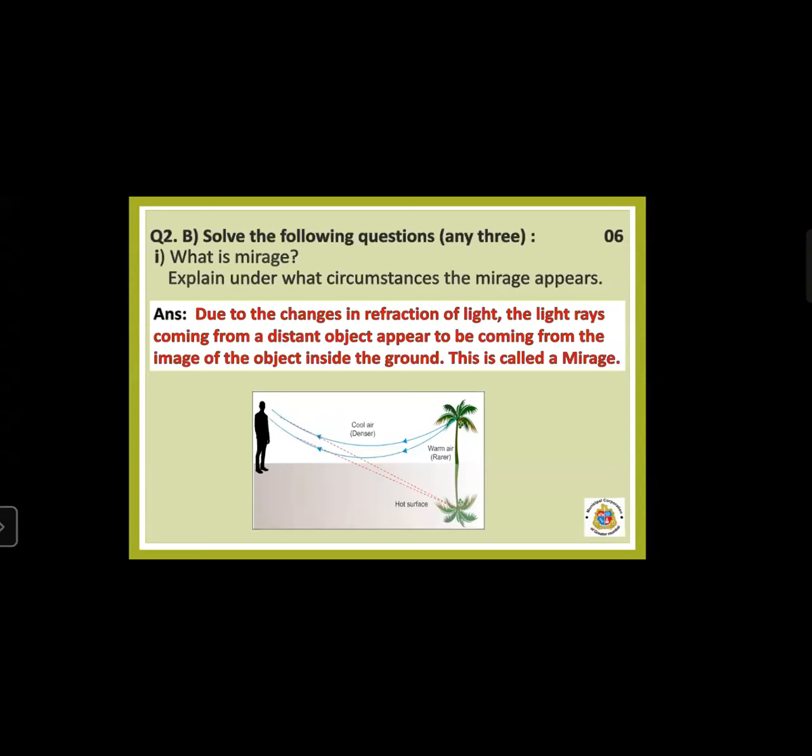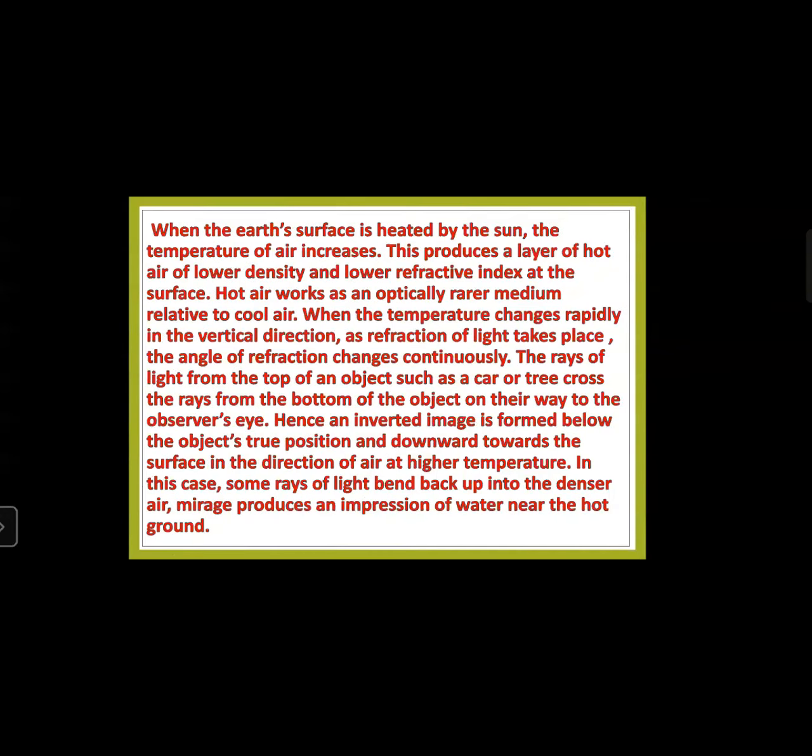Now we know that when light rays pass from one medium to another medium, they bend either away from the normal or towards the normal. Now, under what circumstances does the mirage appear? When the earth's surface is heated by the sun, the temperature of the air increases.